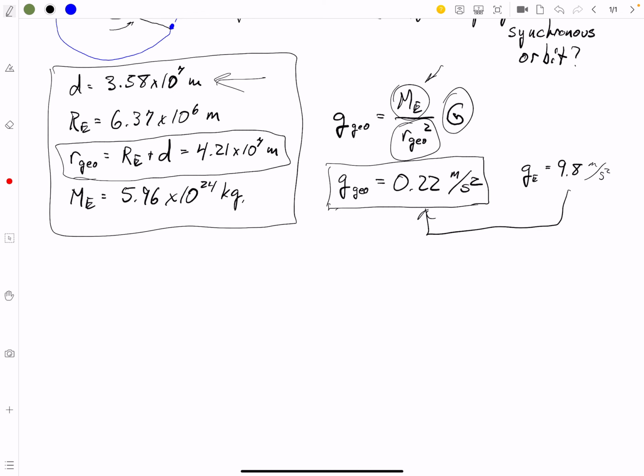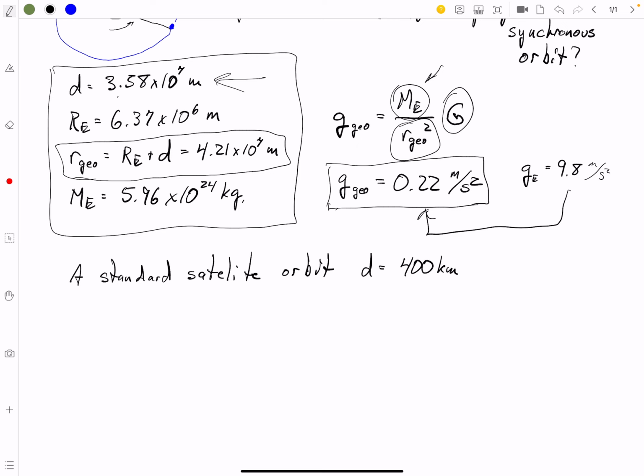But a standard satellite orbit is closer to d equals 400 kilometers.